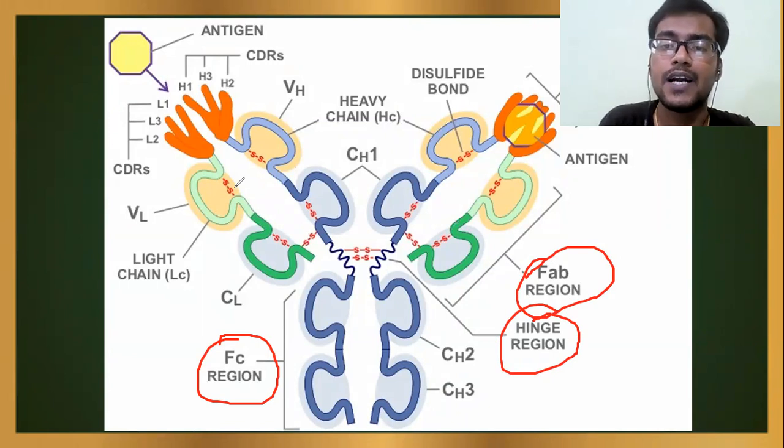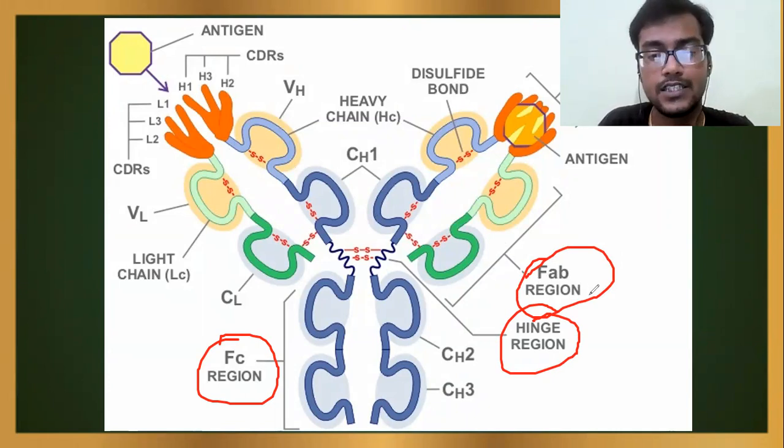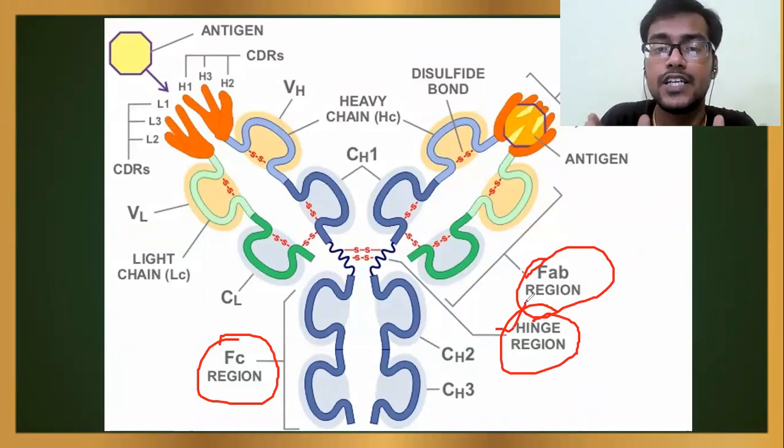Where the antigen binds to the antibody, that region is known as the Fab region. Then comes the hinge region. The hinge region is the joining of the two heavy chains. The hinge region provides flexibility to the antibody.